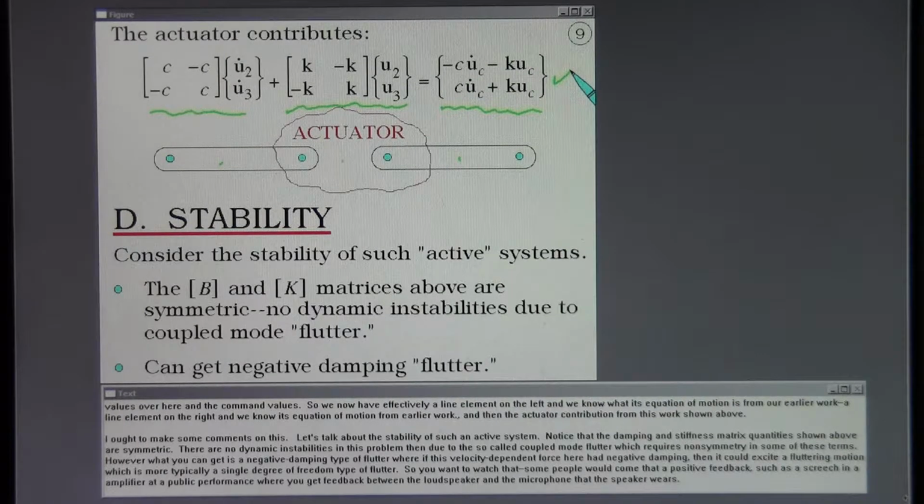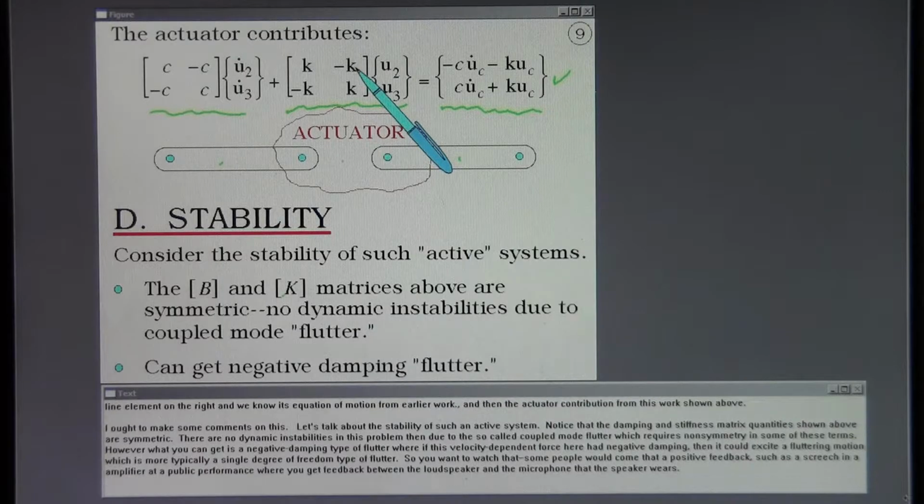I ought to make some comments on this. Let's talk about the stability of such an active system. Notice that the damping and stiffness matrix quantities shown above are symmetric. There are no dynamic instabilities in this problem then due to the so-called coupled mode flutter, which requires non-symmetry in some of these terms.